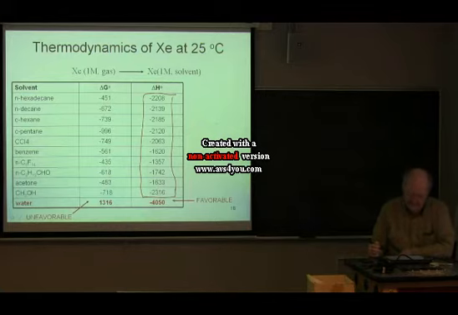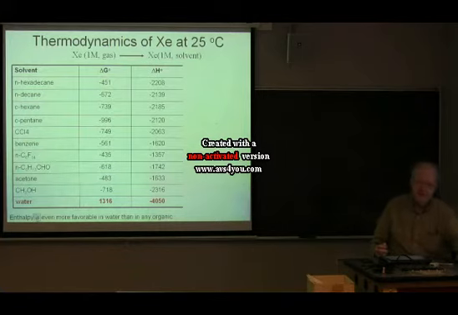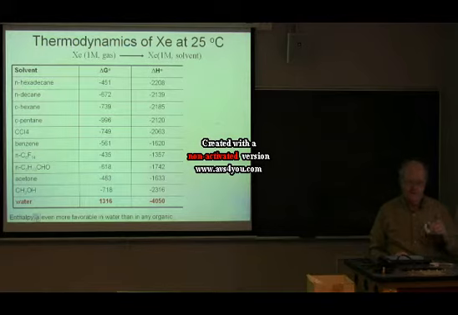And the water is almost twice as big, and it's favorable. Even more favorable than the enthalpy for the xenon to go into the organic phases.